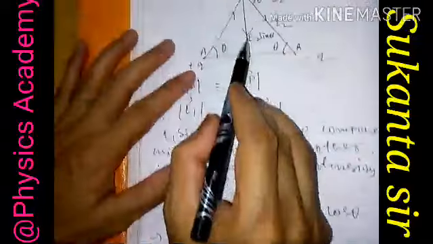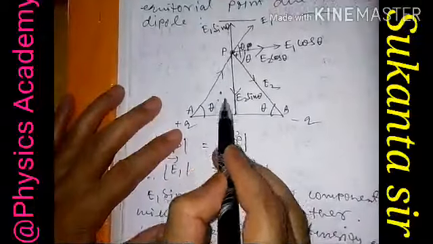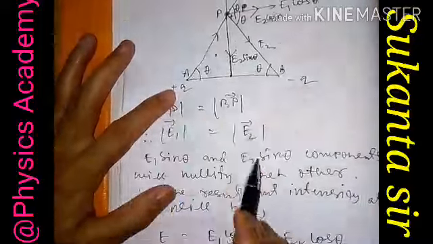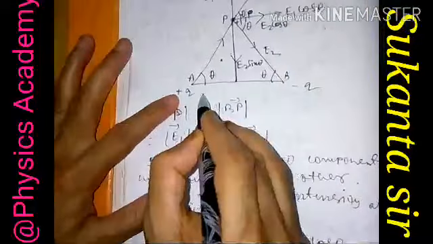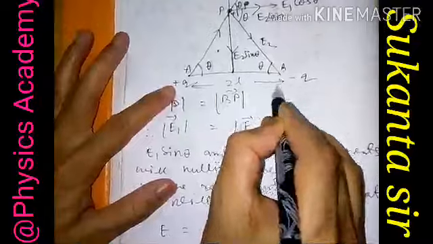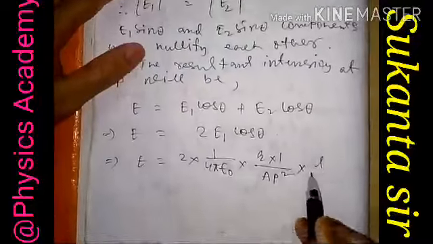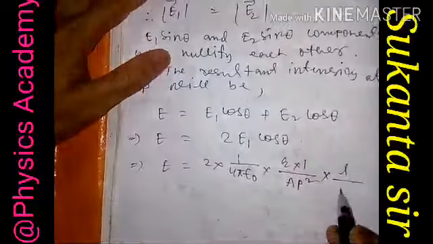What is cos theta? From this triangle we can write cos theta is this by this. Say the length is 2L, and half of the part will be L divided by AP.